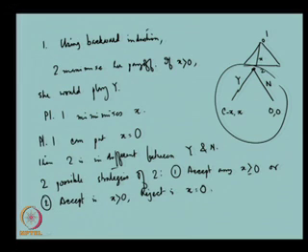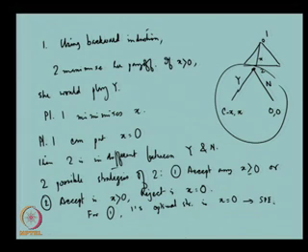Okay. Now, here is the problem. For player 1, if the first is the strategy of player 2, player 1's optimal strategy is x equal to 0, right? And so, this is a subgame perfect equilibrium.